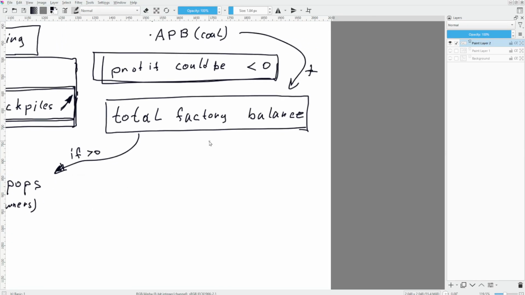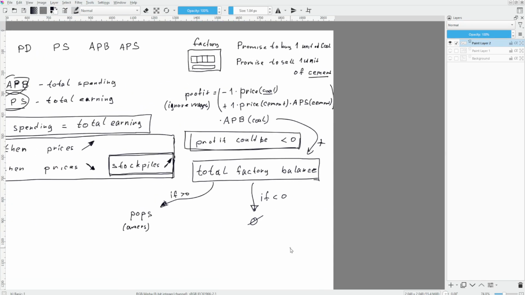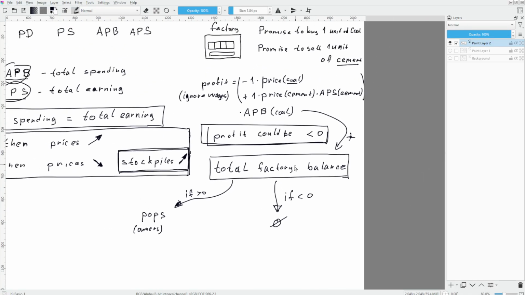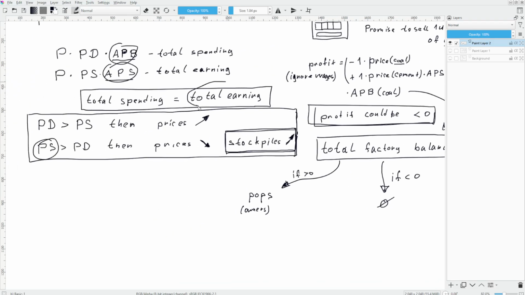But sometimes this balance can be negative. It just does nothing. It accumulates the negative amount of money. And sometimes people think, well, this is confusing. How is it possible that balance can be negative? But actually, this balance is not really negative, because if we were not profitable, it still means that total spending is equal to total earning.